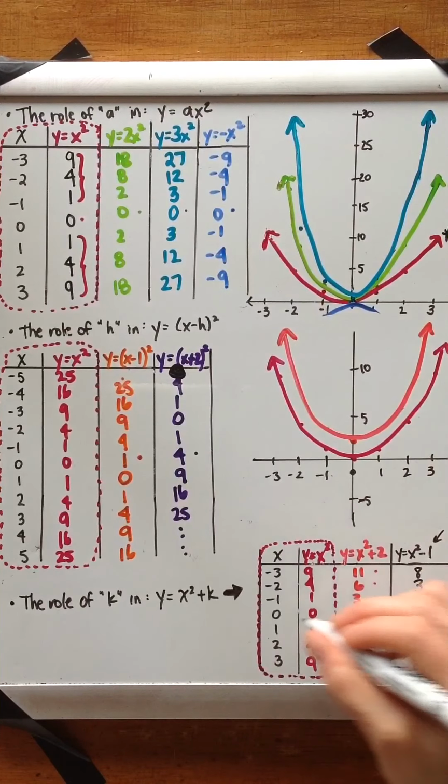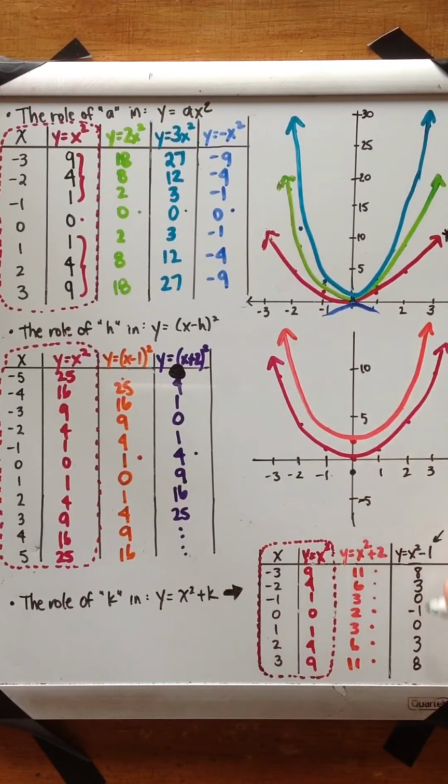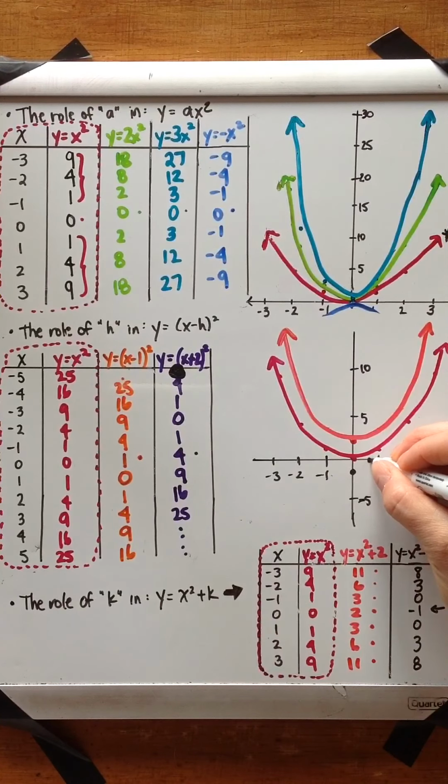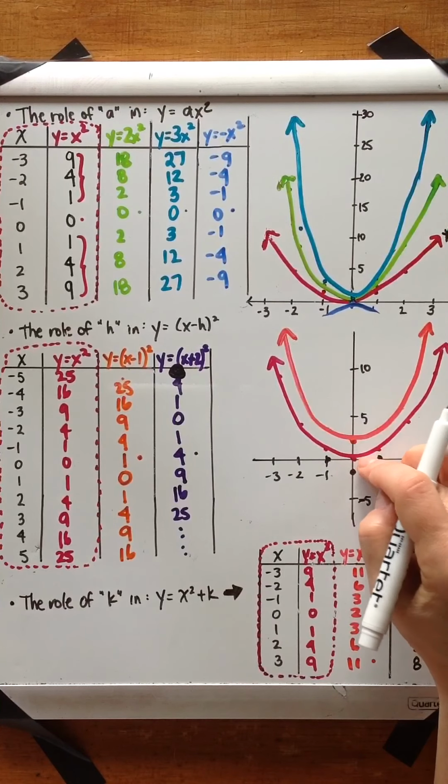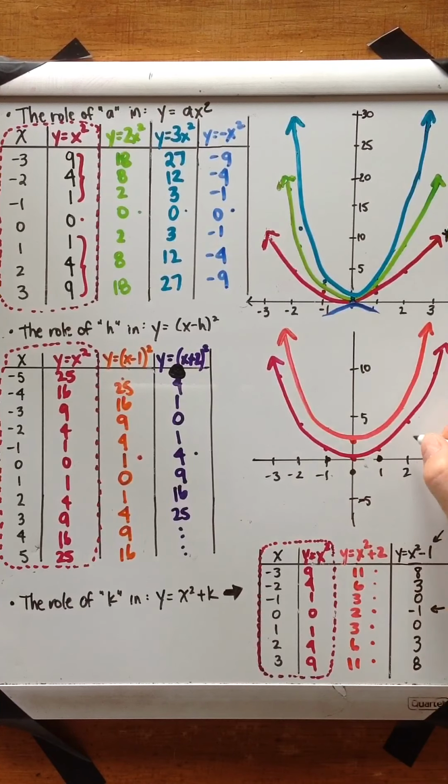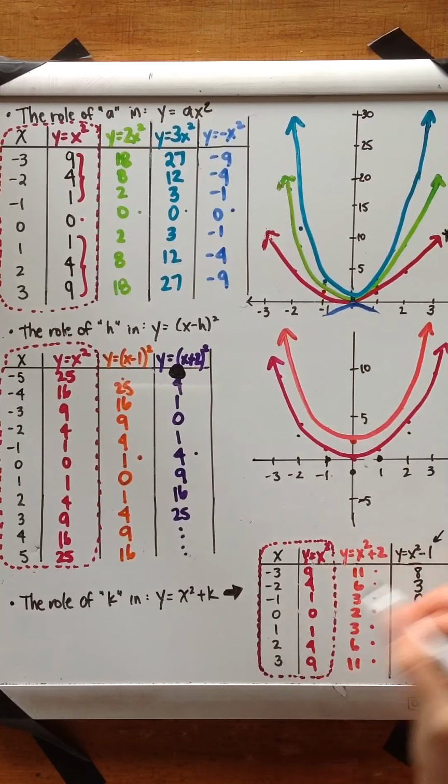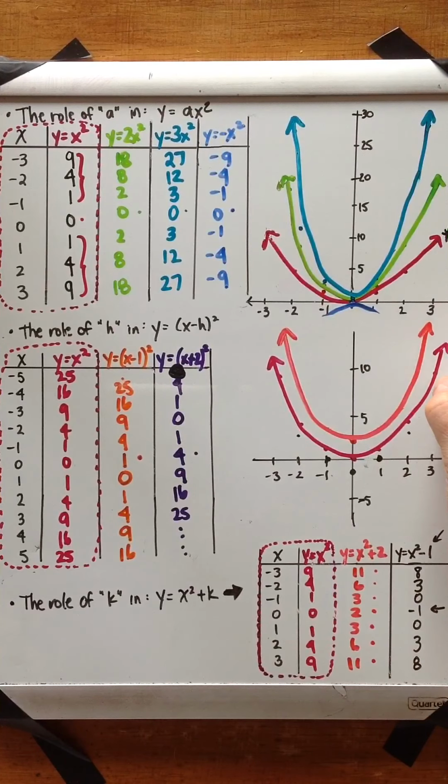And then I can go over 1 in both directions from here, and I'm going to go up to 0. It's going to hit the x. Whoops, let's do it there, sorry. Over 2, up 3. And then over 3 in both directions and up to 8.